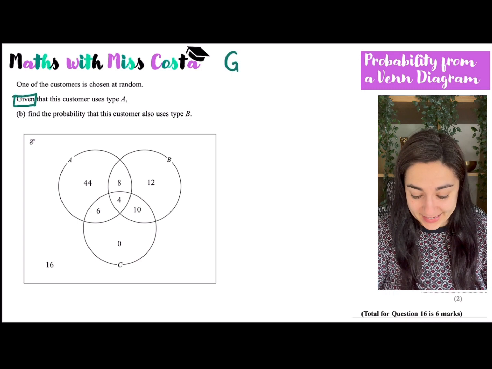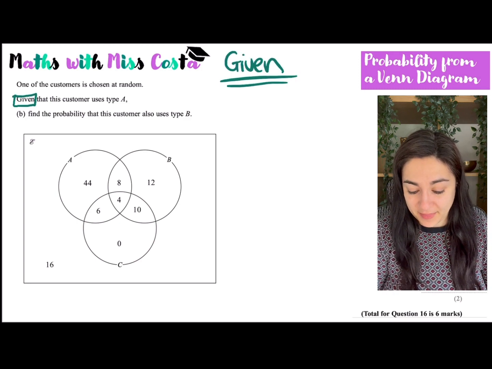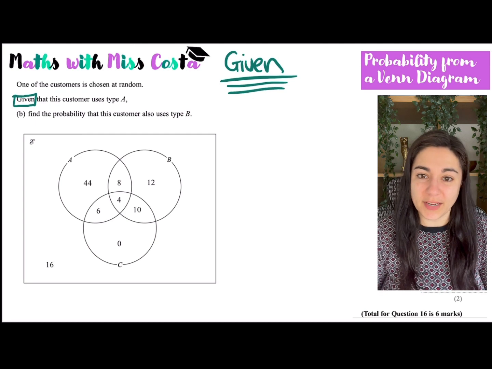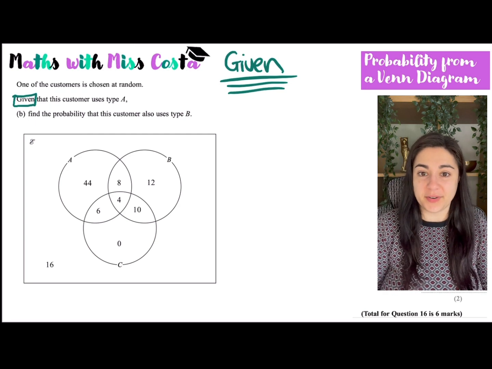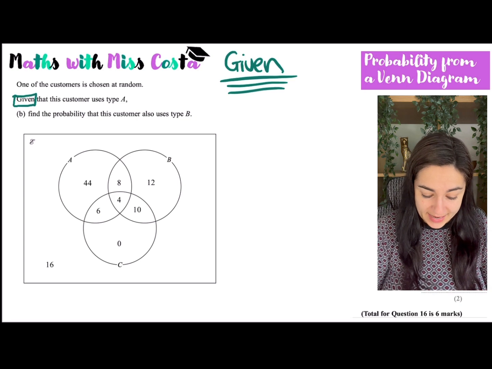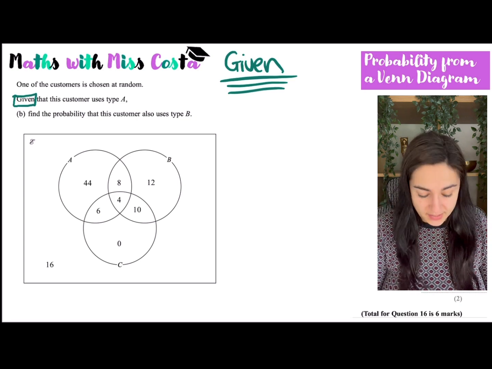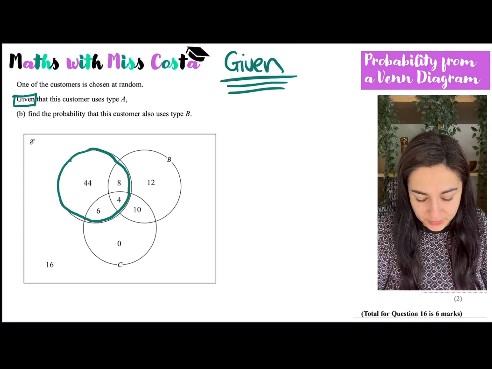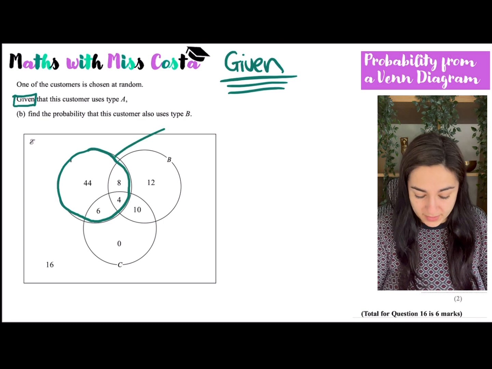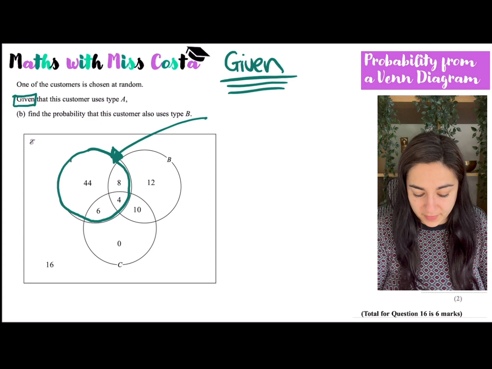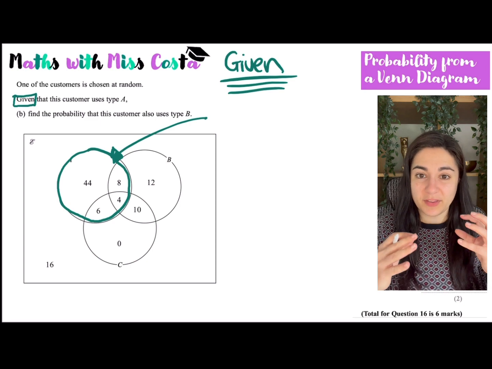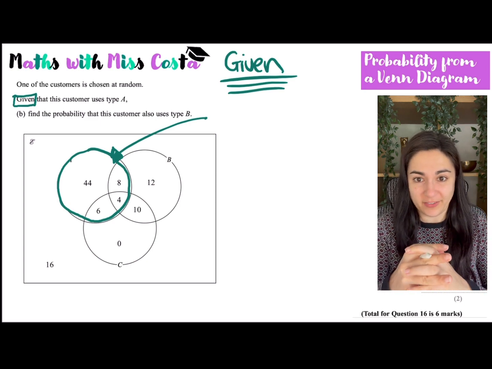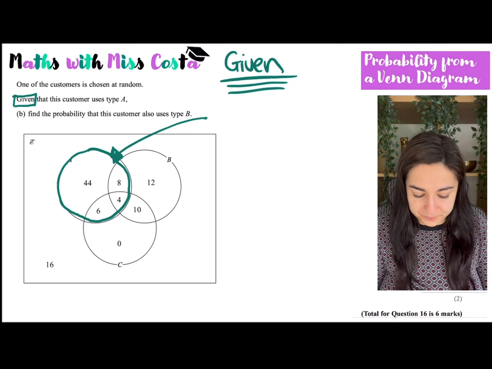Now, given means that this is the new total. You shrink your Venn diagram. So originally there were 100 customers, but now it is given that the customer uses type A. So the customer has to use type A, so therefore it can be only out of these people. So whenever you're given the word given, it shrinks your Venn diagram. It's no longer the whole thing.